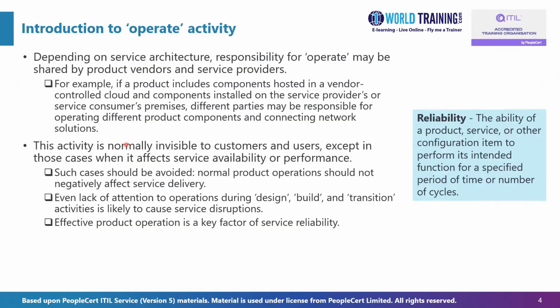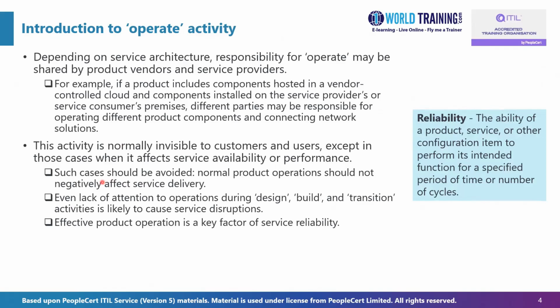So this activity of operation is normally invisible to customers and users. But when it affects their service, such as availability, performance, or if there's an incident, then they will begin to wonder why operations are not smooth. Of course, when an incident occurs, then it will trigger the support activity of the life cycle.